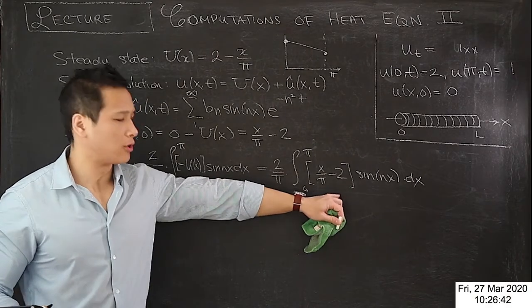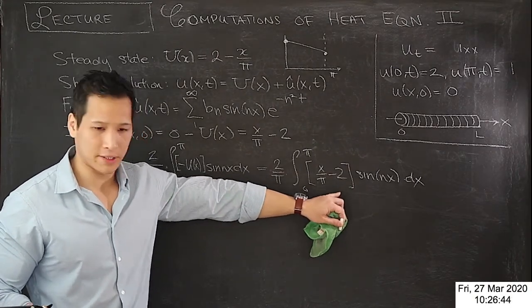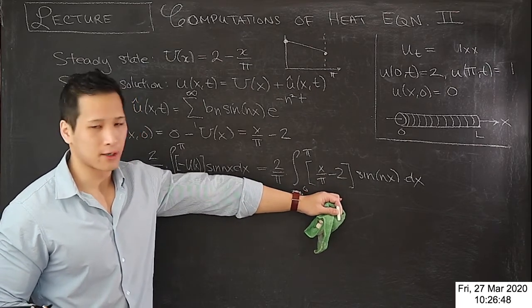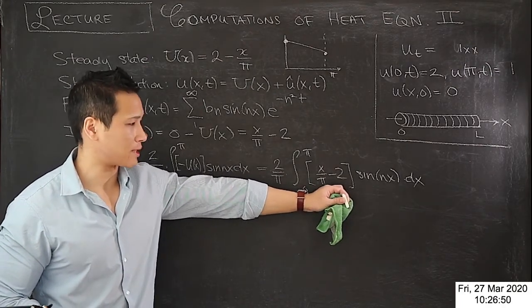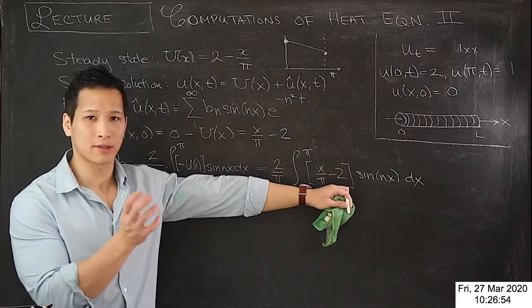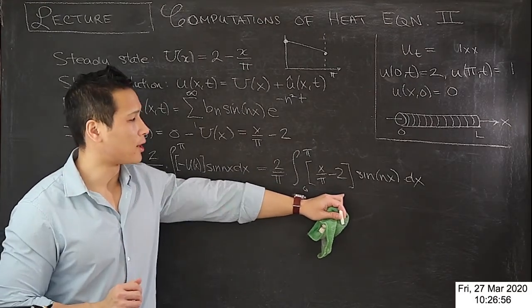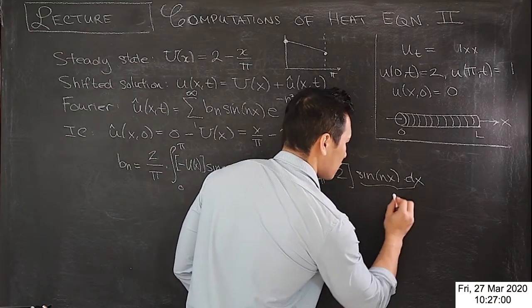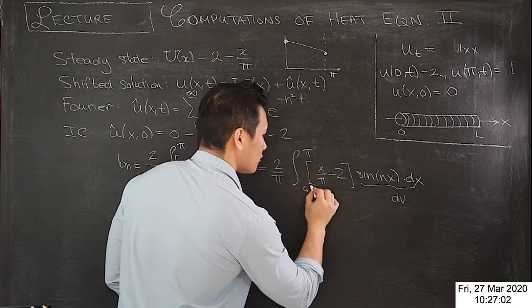If you remember, it's very similar to a problem set question for Fourier series. When you do integration by parts for this, my tip to you is to make sure you don't separate. You keep the x over pi minus 2 factor together as your u, and then you let this be your dv.